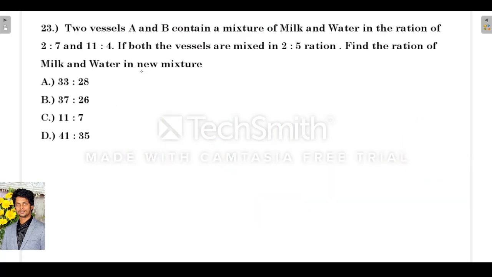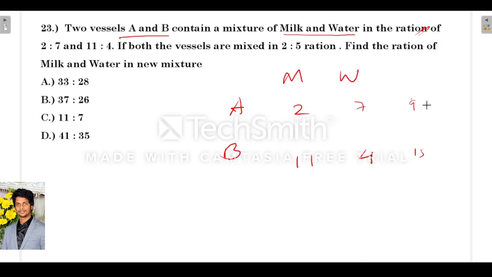Okay. Two vessels A and B contain a mixture of milk and water. So this is milk, this is water, A and B. The ratio is 2:7 and 11:4. So let us make the ratios similar. 7 plus 2 is 9 and 11 plus 4 is 15, right?